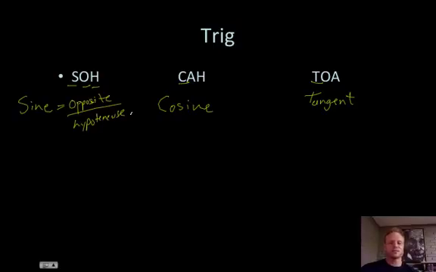And you may ask what the opposite is opposite to. I'll deal with it in just a second, so let me go through these other guys, and I'll make a picture and we can talk about it. Cosine, the A stands for adjacent, and the H stands for hypotenuse. And then tangent, the O stands for, again, opposite, and the A stands for adjacent.